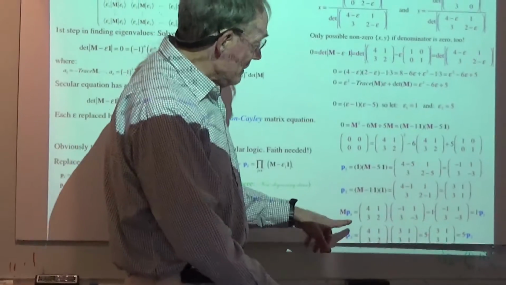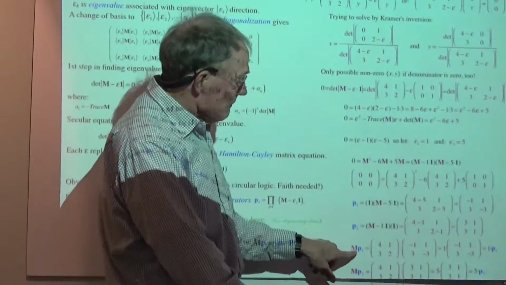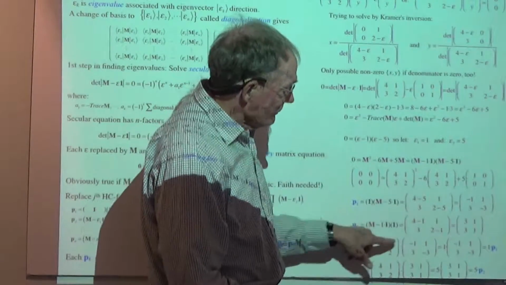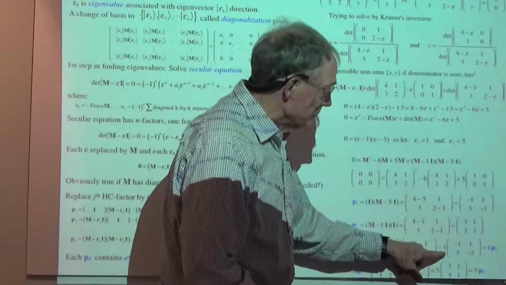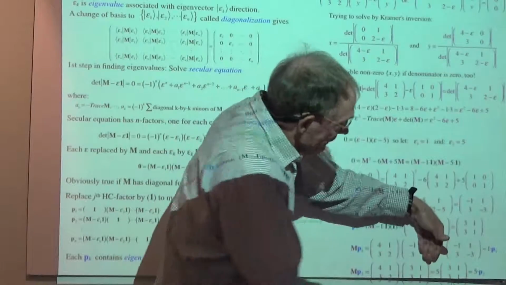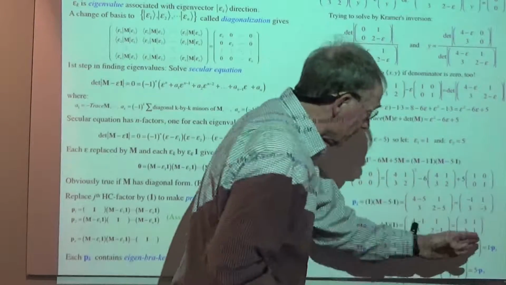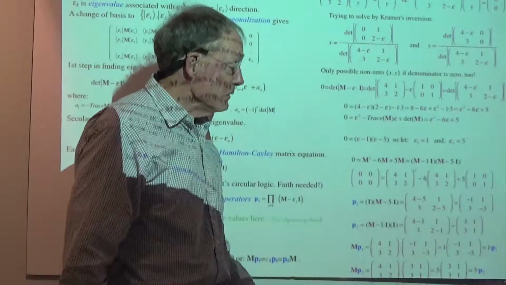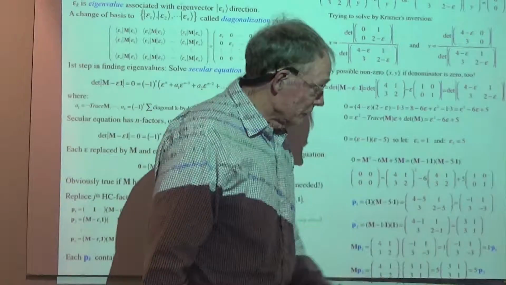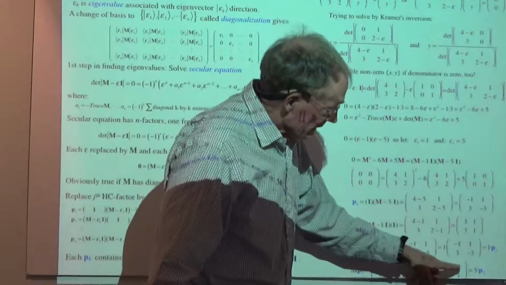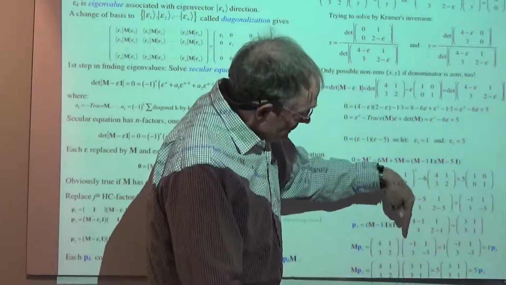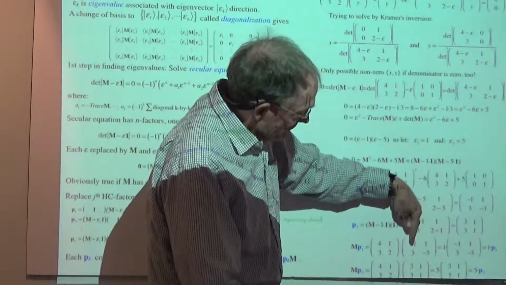But in any case, here's the basic idea for this 1, 2, 3, 4 matrix, is that this 1, 2, 3, 4 times this projector gives me back this projector times an eigenvalue. So if I just throw away the second column there, I've got an eigenvector equation written out numerically, and the eigenvalue is 1. Then P2 similarly. And you'll notice that the columns are proportional to each other.